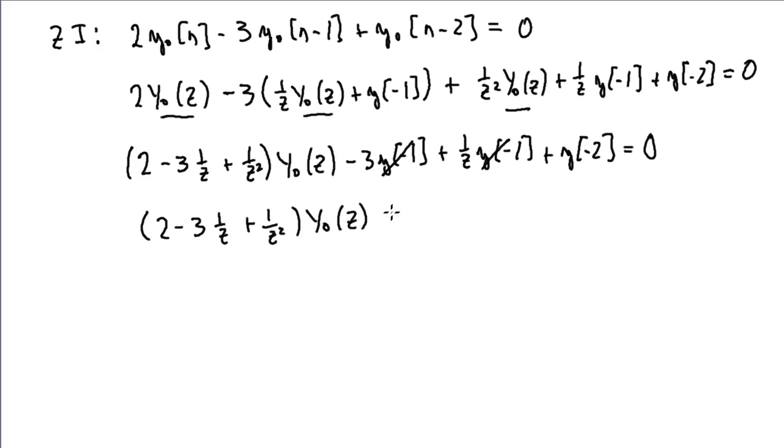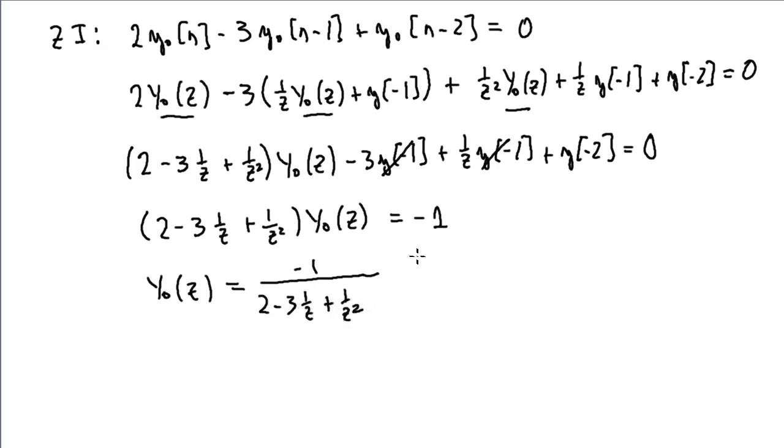This is equal to 1 when I take it to the other side by subtracting it from both sides. It's equal to minus 1. So now I can find y0z is equal to minus 1 over 2 minus 3, 1 over z plus 1 over z squared, and multiplying through by z squared to get this in a ratio of polynomials in z.